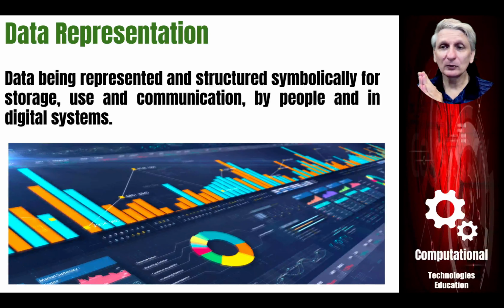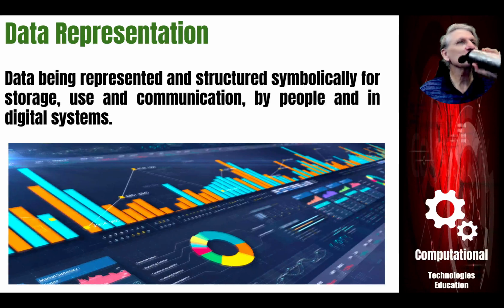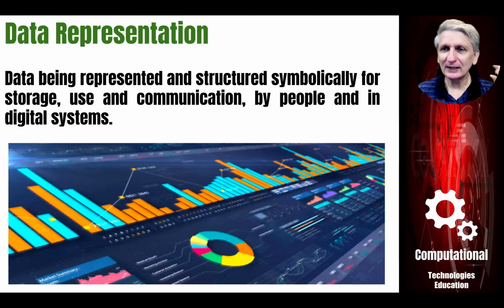Being able to take that information about the sunny days and the rainy days and the cloudy days, and putting those into numbers so that a 0 represents a sunny day, a 1 represents a cloudy day, and a 2 represents a rainy day, allows us then to do things with that.